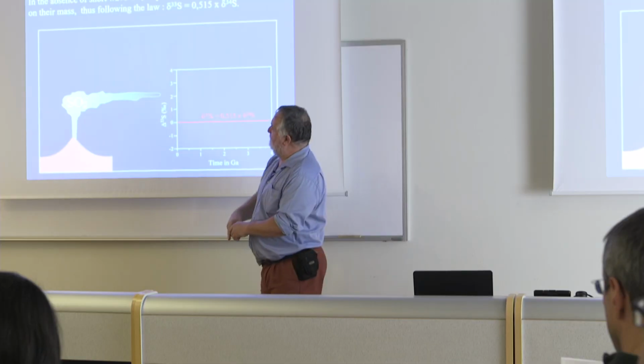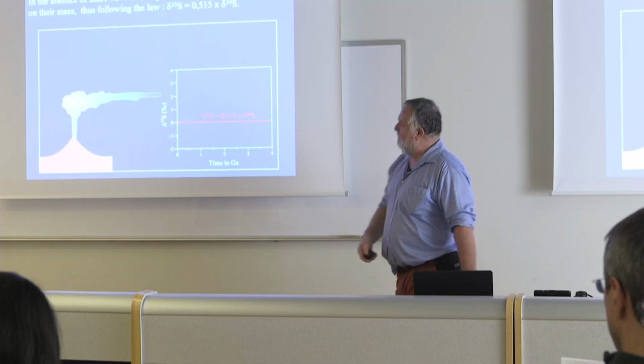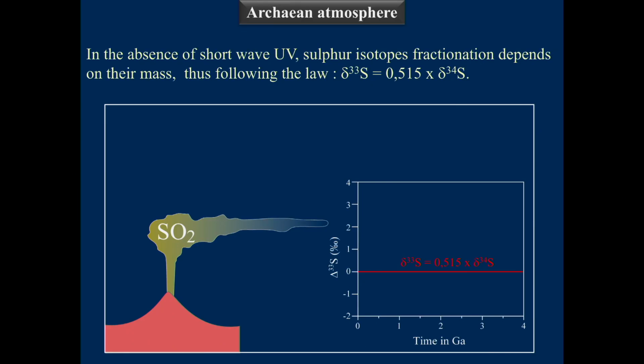In this condition, if there is no UV, the fractionation depends on the mass, and it will follow a law that is represented by this line here. If the fractionation is dependent on the mass, we will have points falling on the line here. This is the general case today.